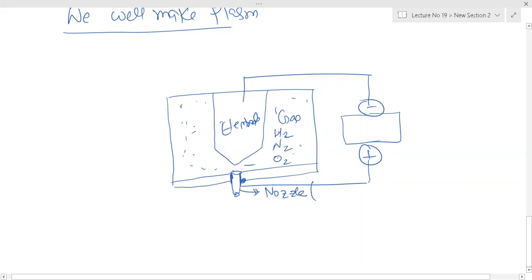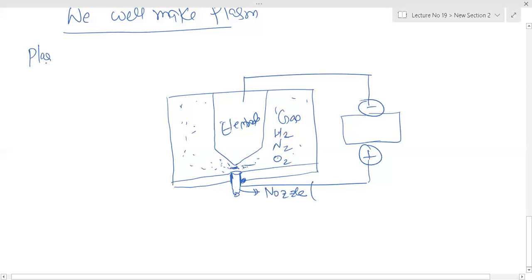So when the distance is very small and this electricity passes, this gas gets ionized. When electricity passes through this gas, we get plasma. So what is plasma?